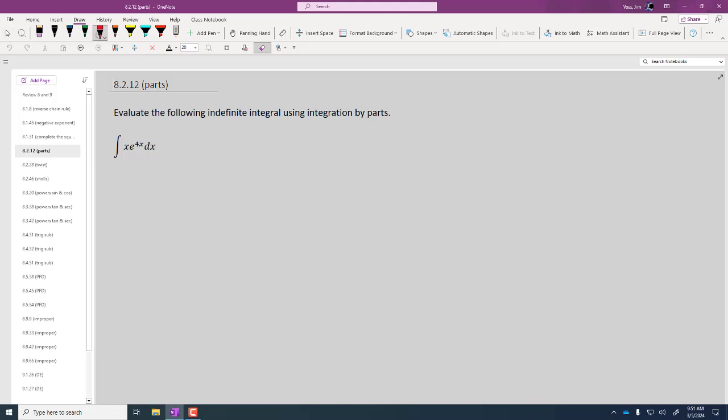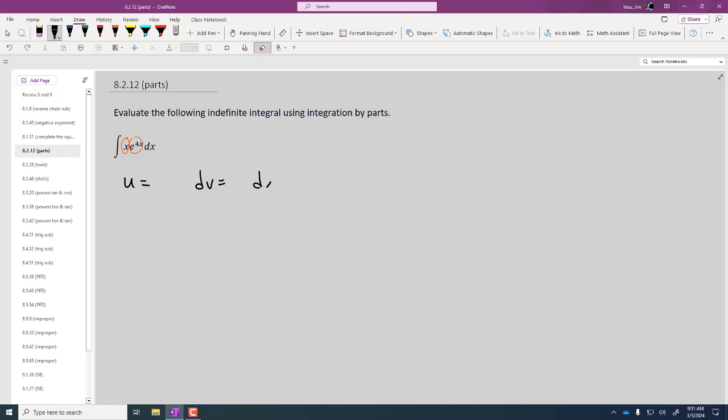And we are always going to break apart this integral into two parts. So we've got these two functions, x and e to the 4x, and we have to group them. One of them is going to have to go with u, and one of them is going to have to go with dv. The dx will always go with the dv.